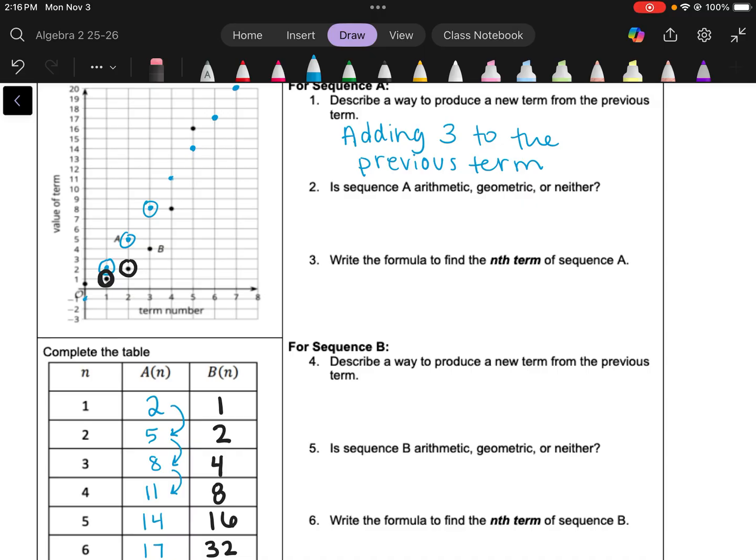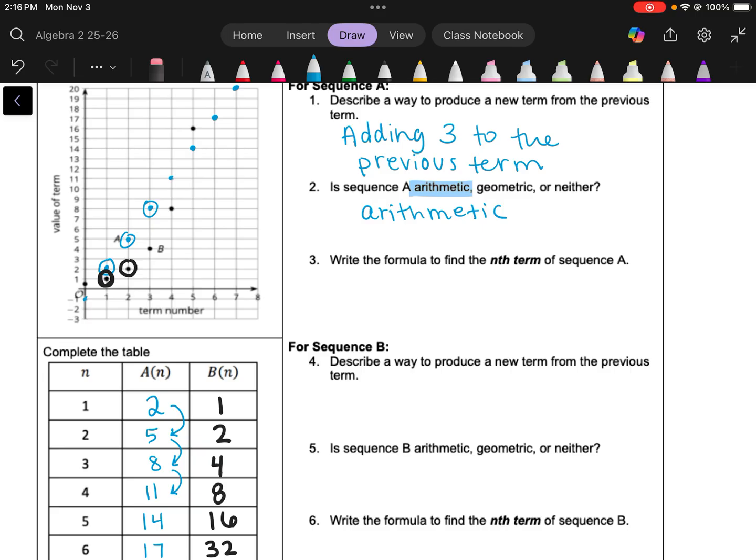So when we're adding a constant to the previous term, that will produce an arithmetic sequence. So this one is arithmetic because you're adding a constant every time.